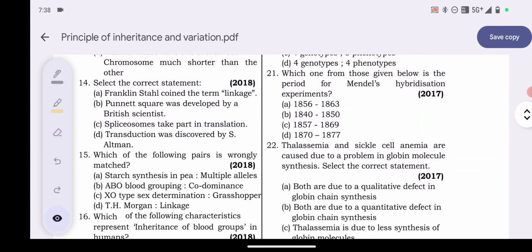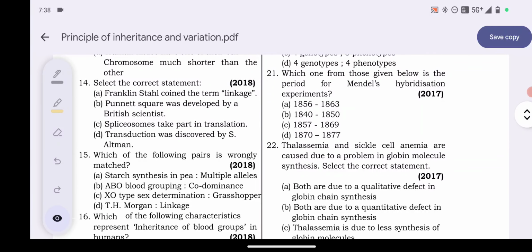Question number 26. Select the correct option. Option A, Klinefelter syndrome is due to an extra X chromosome and results in sterile male. Option B, phenylketonuria is X-linked disease and results in accumulation of phenyl pyruvic acid. Option C, Down syndrome is due to triploidy and results in mental retardation.